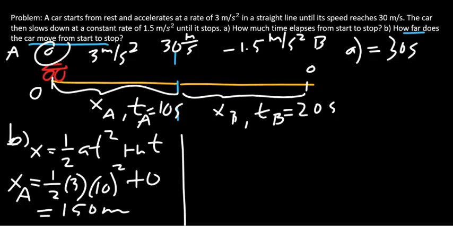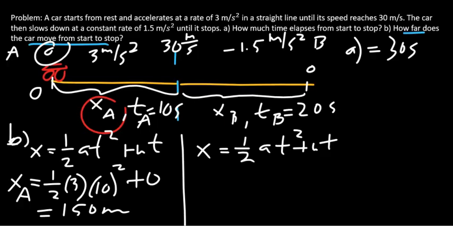That is xA. Now let's do the same for xB. Using the same equation, the second equation of kinematics, half at squared plus ut. Keep in mind that for region B, x naught is your xA, so x minus xA is xB.